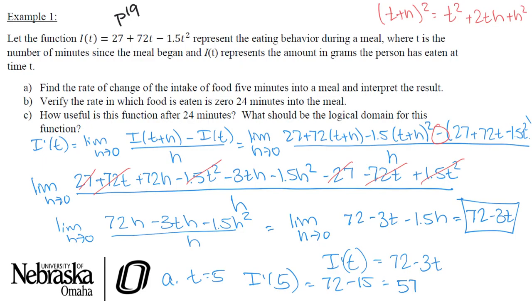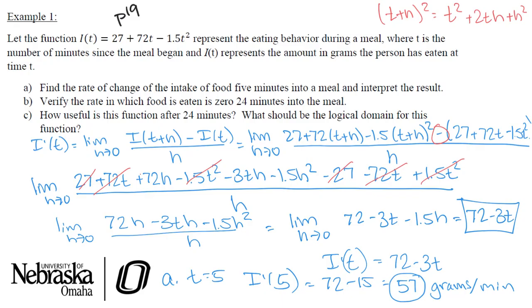Now, if we go back and read the problem, I of t represents the amount in grams the person has eaten at time t, and we want to know the rate of change of the intake of food. So what does this mean? If the derivative at t equals 5 is 57, this means the rate of change is 57 grams per minute.